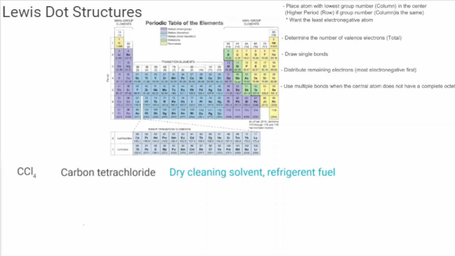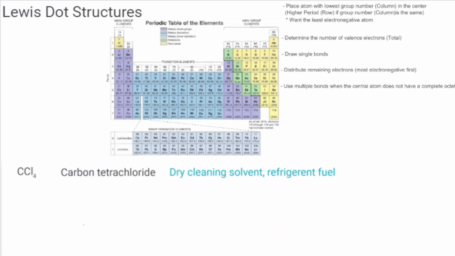So we have two elements here, carbon and chlorine. We have carbon over here, and then we have chlorine over here. Now we need to decide which one of these is closest to fluorine. Chlorine is just one below fluorine, and carbon is 3 to the left of fluorine. So I would say that chlorine is the most electronegative, and since we want the least electronegative, we're going to choose carbon to be our central atom.